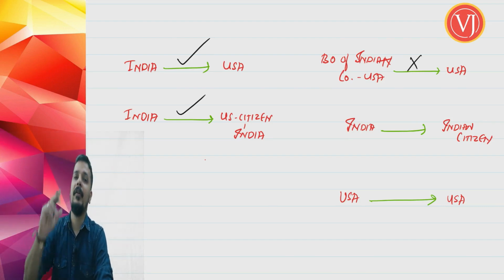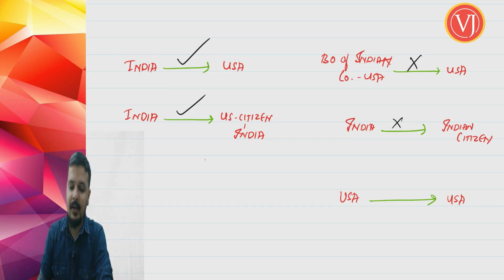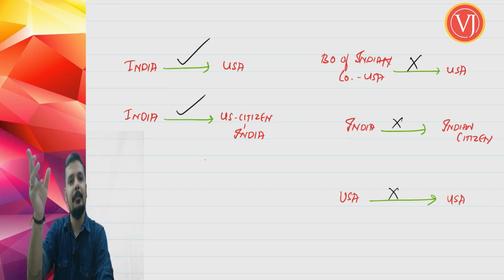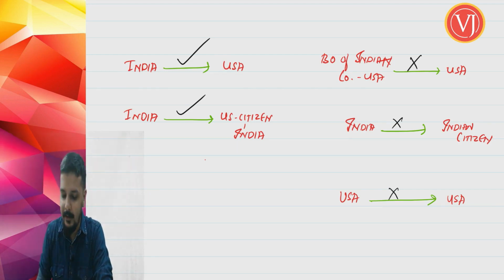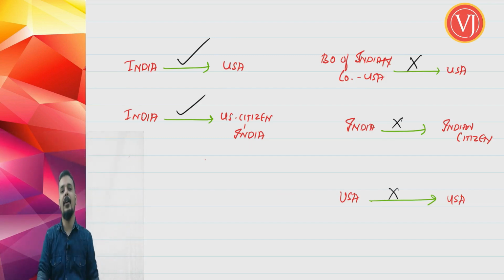From there you are giving services to a USA client, that is not counted. Indian establishment providing services to an Indian citizen, not counted. A USA company, a separate holding company in USA, providing services to a USA client, that is not counted. This is the very simple way to understand, rather than seeing the theoretical point.